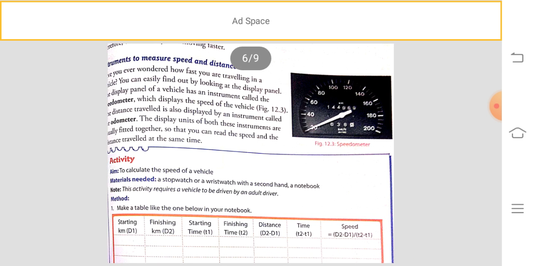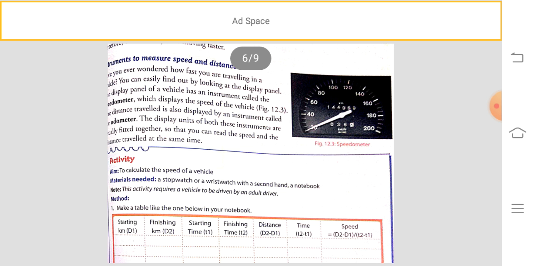Next, the instrument used to measure speed. When we used to travel with our parents on a bike, we used to see a board on the bike, sometimes digital and sometimes manual, which showed the distance, speed and so on. The panel fitted in our vehicle which tells the speed of the vehicle is known as a speedometer.